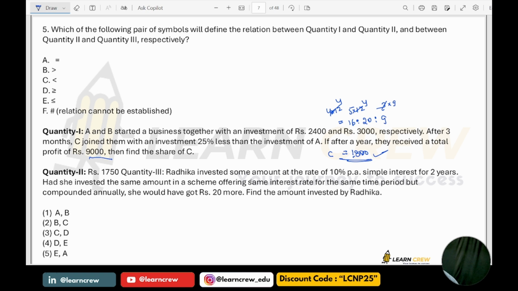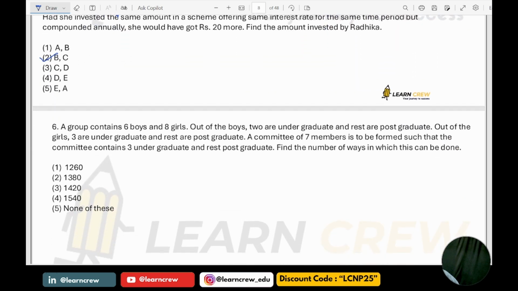The first one is greater. So greater means B. So you have option B here, only here. 1800 is greater than 1750. Starting with B, you have only one option. That's why the answer is 2. I need not even check any other, right?